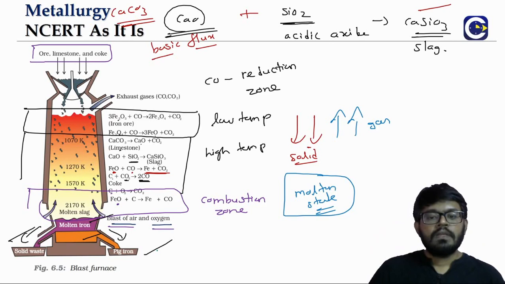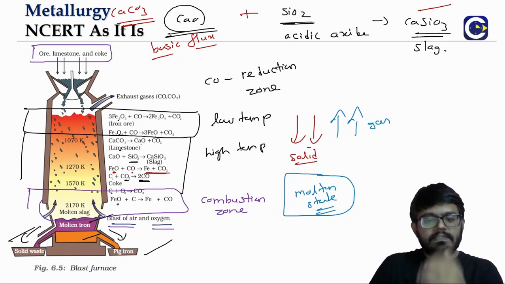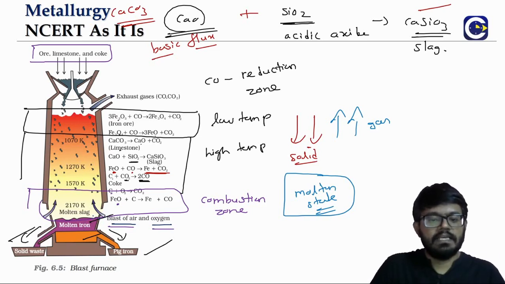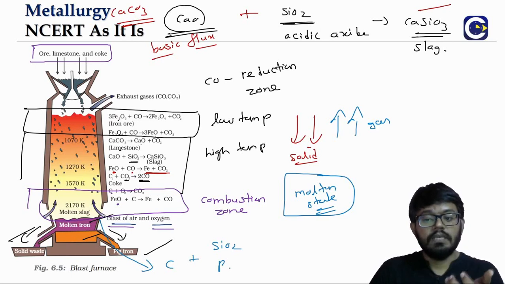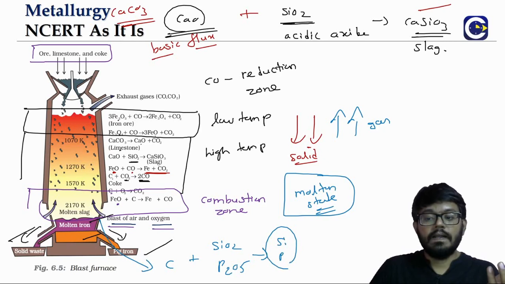And one more thing that will happen is near these tuyeres, right, the blasting of the air and oxygen will happen through the tuyeres. Near the tuyeres we will also see that the coke will be able to reduce oxides of silicon, even phosphorus, to the corresponding metal.